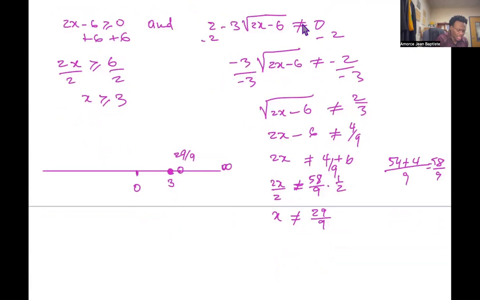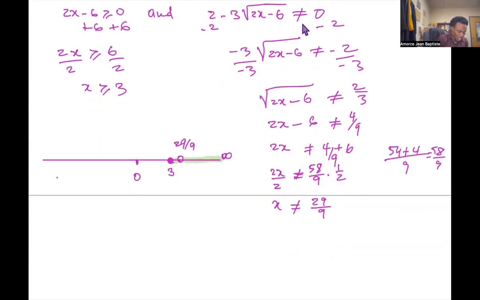So that said, we're going to exclude this. Everything else is okay. So I would take from here to here, and from 29/9 to infinity.